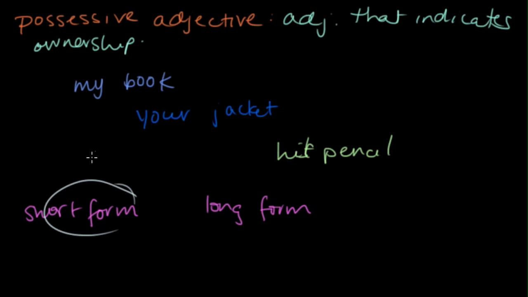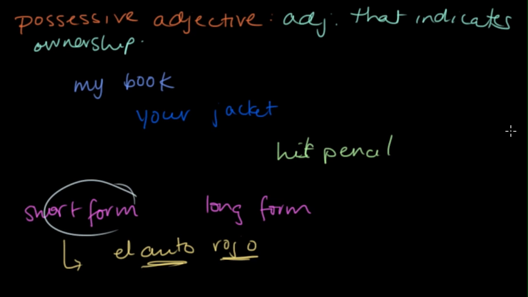So, the short form of the possessive adjective is sort of interesting because they don't exactly behave like normal Spanish adjectives. You're used to putting adjectives after their nouns in Spanish. For example, el auto rojo, the red car. Our adjective here comes after the thing it describes.